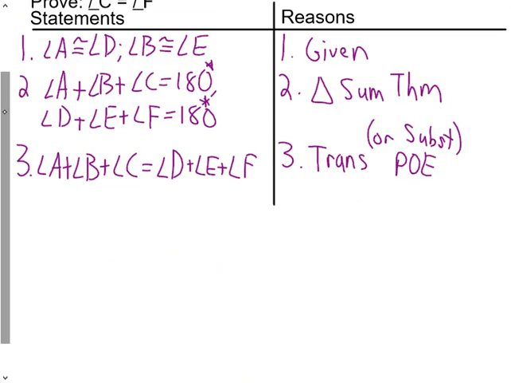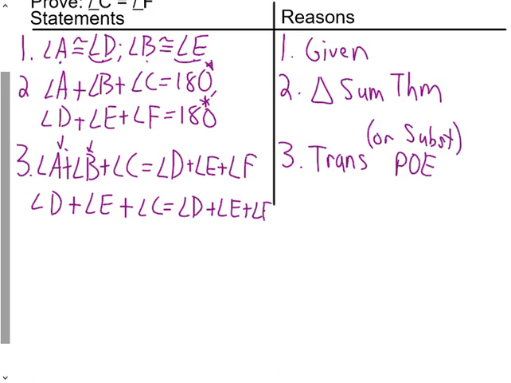And now the way to finish this is to substitute. You get to pick what you want to substitute. I'm going to plug D and E in for A and B. So now I plugged in here and here. So D, E plus C equals D, E plus F. And then we're going to subtract what is in common. So this one has to be substitution.